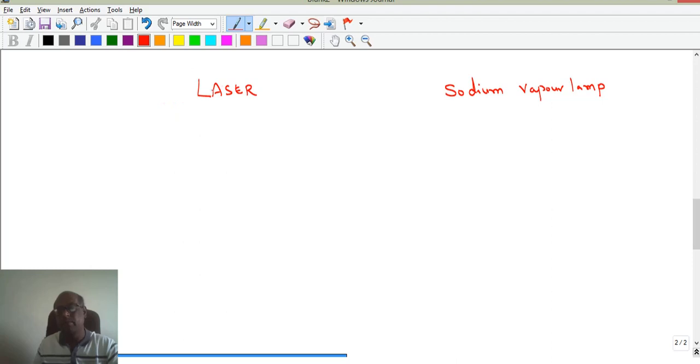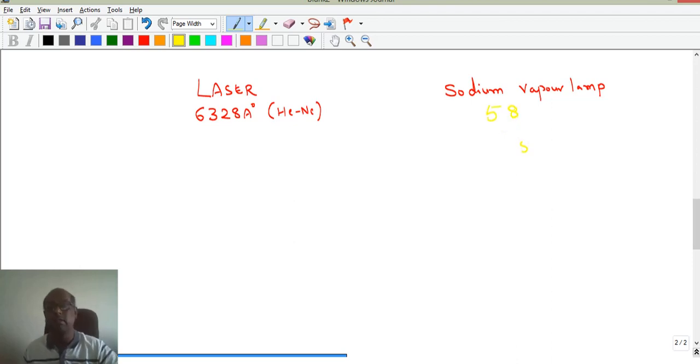So here let us consider the helium neon laser whose wavelength is 6328 angstroms. And coming to sodium, what is the color of sodium? It gives yellow color and its wavelength is 5893 angstroms.